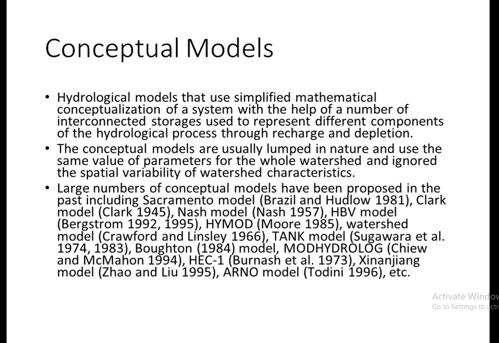That means they use the same value of the parameters for the whole watershed and ignore the spatial variability of watershed characteristics. There may be spatial variability of the watershed characteristics from one place to another within the watershed, but this model uses the same value of the parameters for the whole watershed.